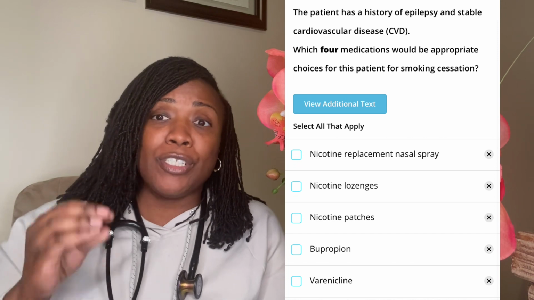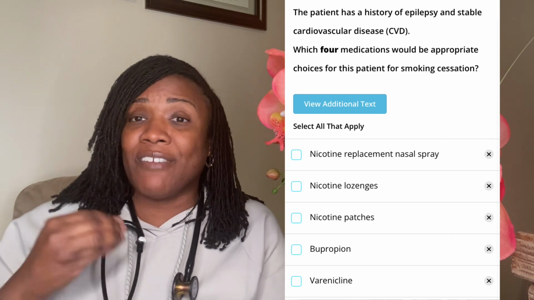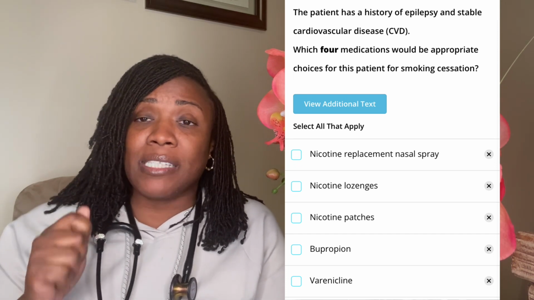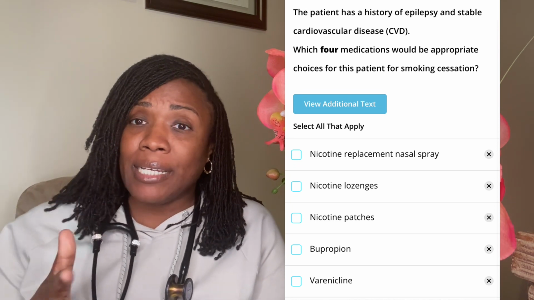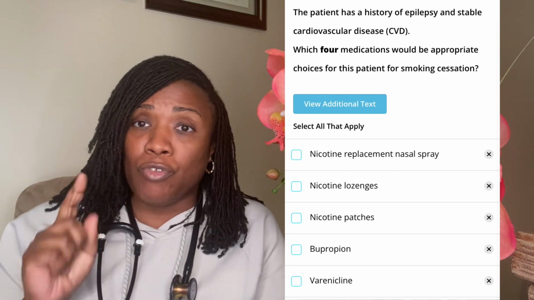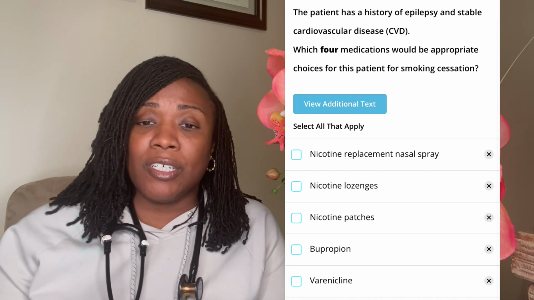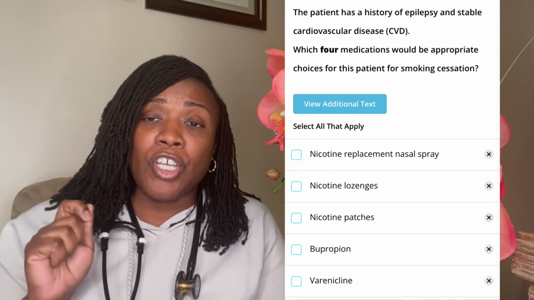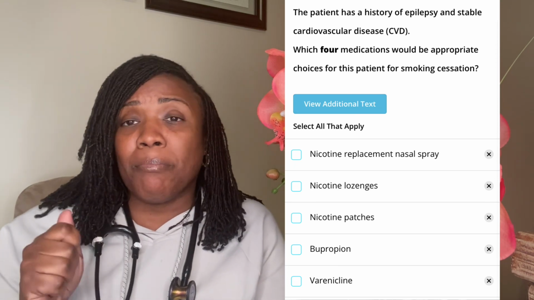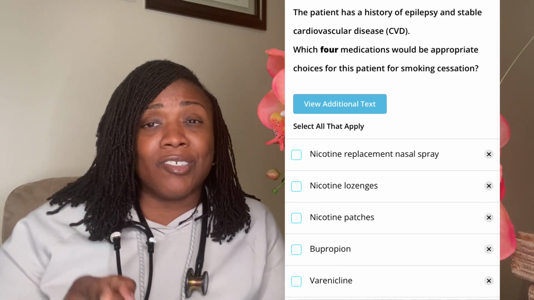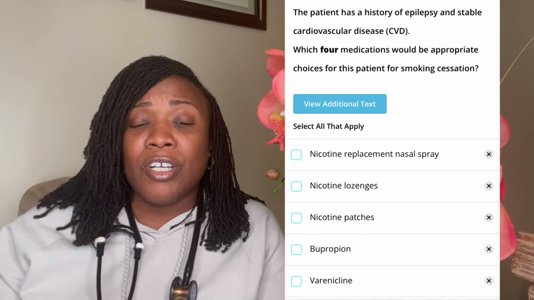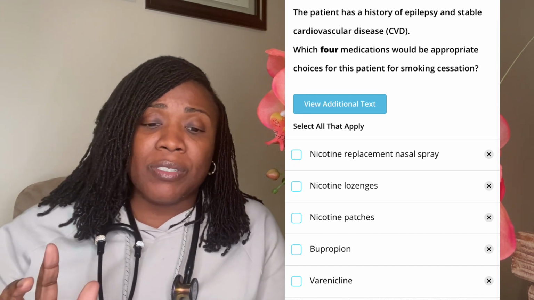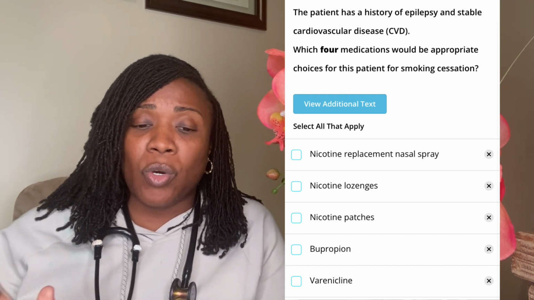But when you're going to do that, you have to know what the adverse effects or side effects of these medications are. And clearly, we learned today that Wellbutrin does decrease the seizure threshold. If your patient has had a history of seizures, you need to make sure that you know that in their medical history, because that is not a medication that you can give that patient. That was the only thing we had to know the difference of.